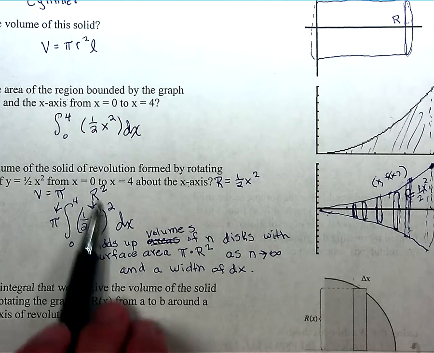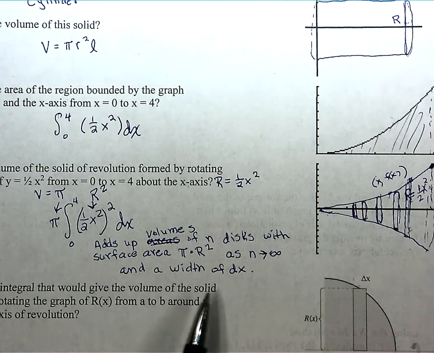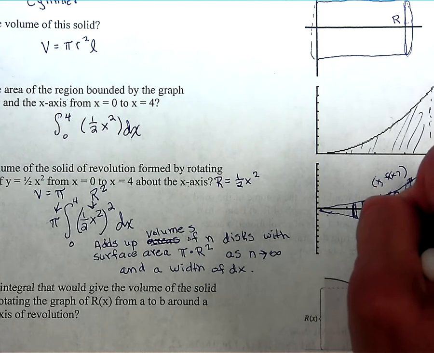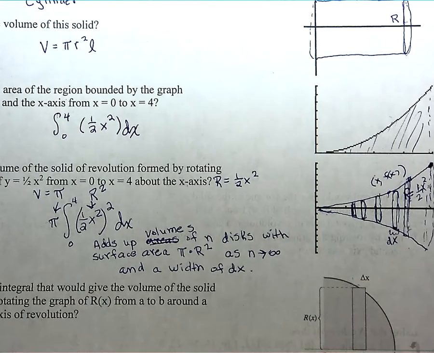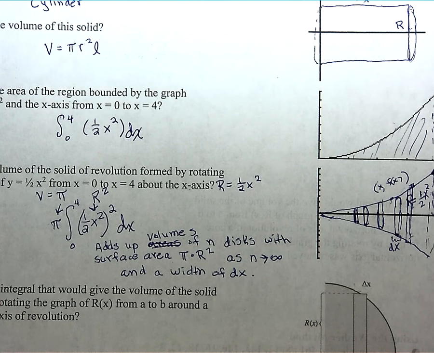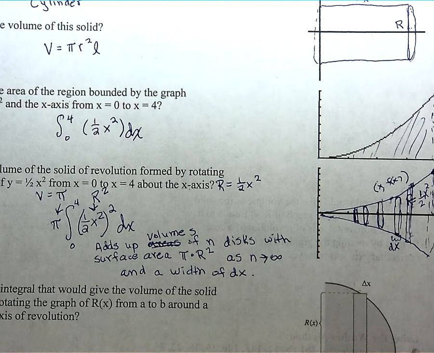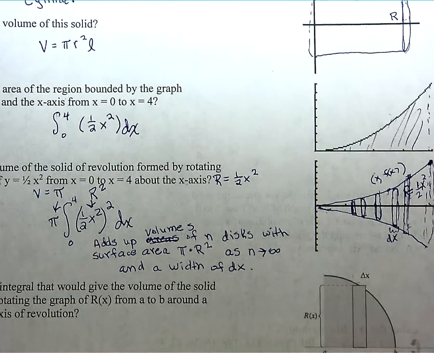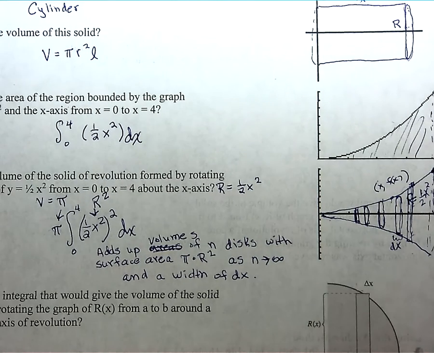The height is given by the function. The width is each little disc has a width of dx. All right. So far, so good?